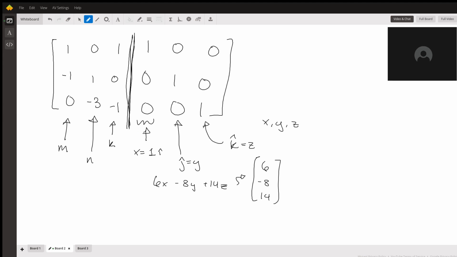And then what I would do here is row reduce, because that will invert this matrix, making it the change of basis matrix that we want from the XYZ basis to the MNK basis. So I'll save you some of the row reducing algebra.